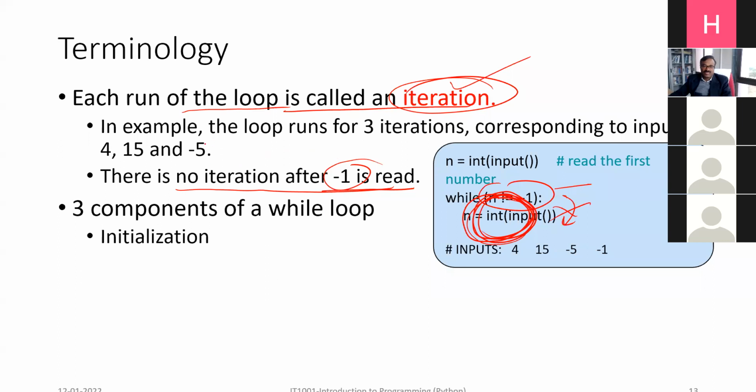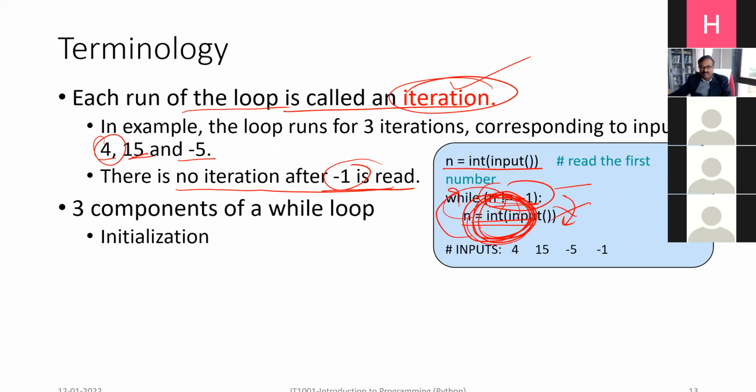So let's say you take these numbers: 4, 15, -5, then -1. You take 4 here, then while n is not equal to -1, this is true because n is 4. So n is not equal to -1, it's true, and we go inside. That was one iteration, when it was 4. Then it will go back and make another iteration when it is 15.